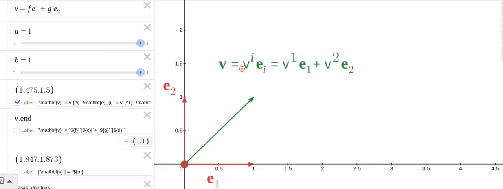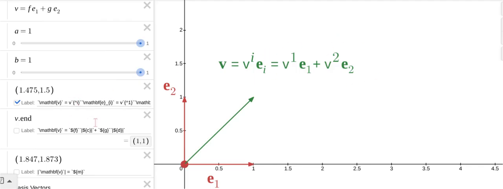And you see that our components are contravariant and our basis vectors are covariant. When you have an upper index and a lower index, that's an implied summation. We're obviously in 2 dimensions, so the first case i is 1, second case i is 2. So here is our vector.